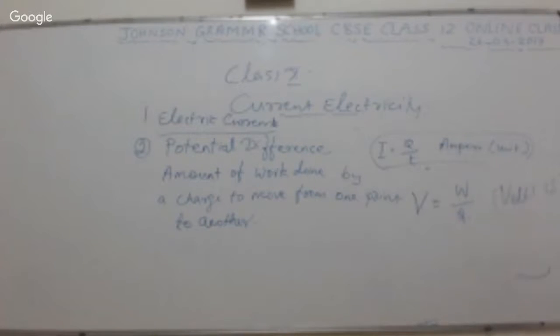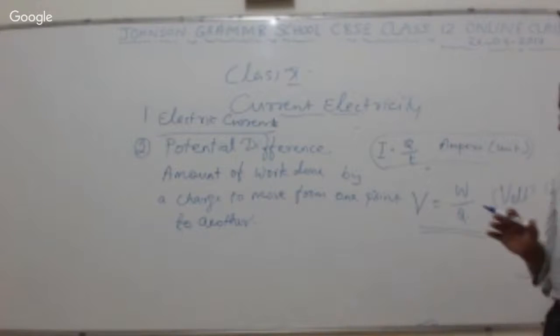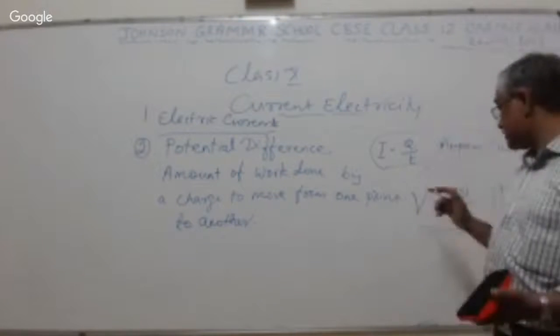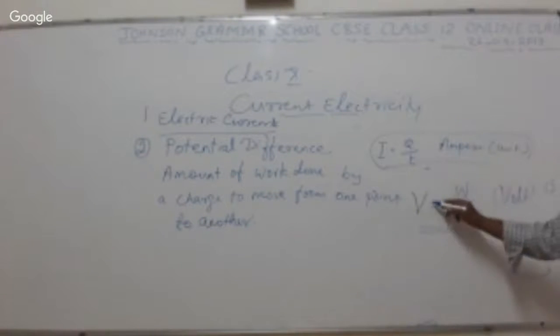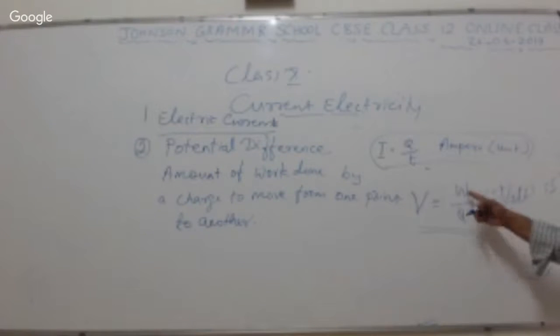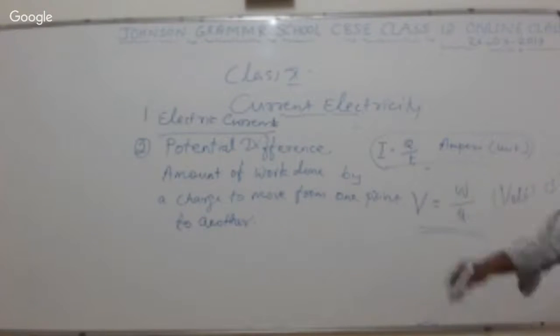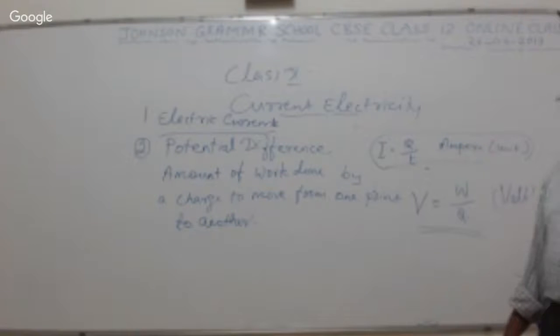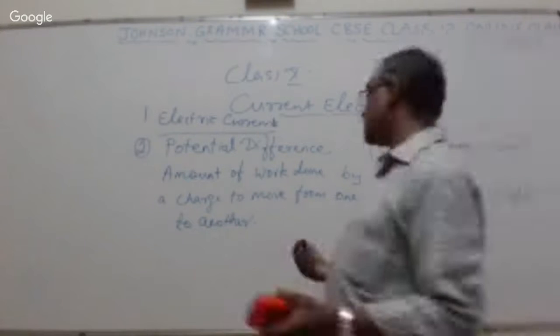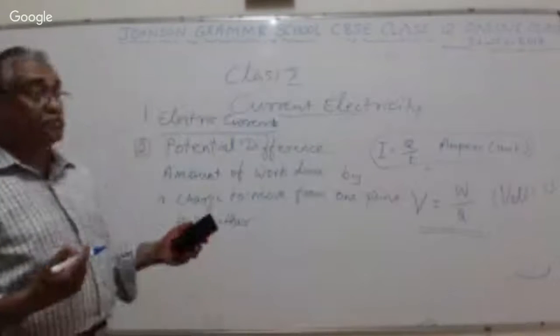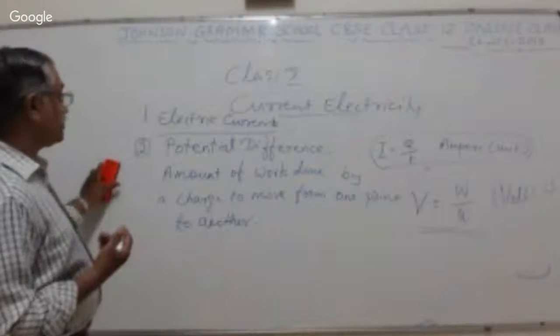V is equal to W by Q. So work done is equal to V into Q, we can say that. Potential difference is work done per charge. Potential is also work done per charge. But potential difference only comes when there are two fixed points given to you.